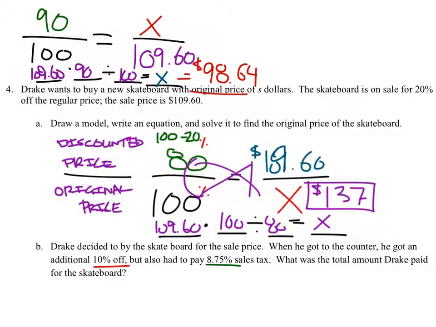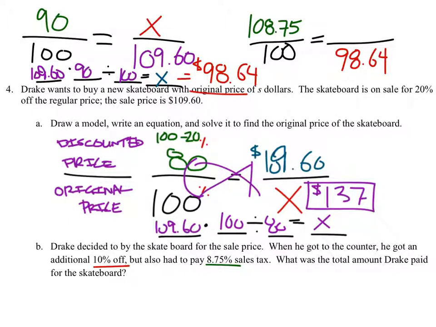So now we need to add on the tax. So this is going to be setting up a new proportion. And we got 100. Now with this new tax, we're paying an extra 8.75% in tax. So as it turns out, we'll be paying 108.75% of that price, which was, for us, $98.64. So we'll solve for this unknown value using the same fishy method.